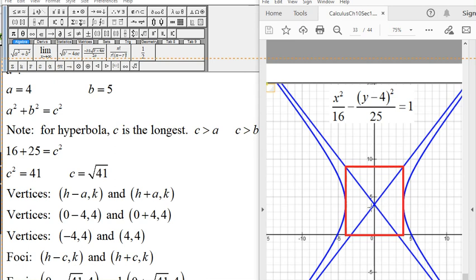Notice that this line passes through the center, and in this case, the center is 0, 4. So this line has the slope of 5 over 4 and passes through the center 0, 4. And this diagonal has the slope of negative 5 over 4. We go up 5 and left 4, and it passes through 0, 4.